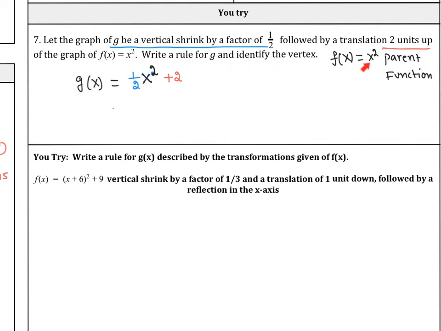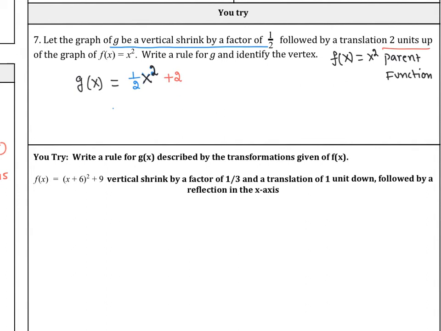The parent function is f(x) equals x squared, a quadratic function. A vertical shrink by a factor of 1 over 2 means you multiply x squared by 1 over 2, and a translation up 2 units means you add 2 at the back, plus k.